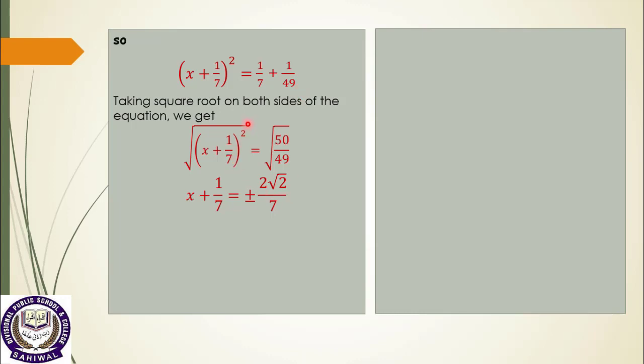Square and square root will cancel each other and we get x + 1/7 = ± 2√2/7. We get this term 2√2 by taking the square root of 50. This plus minus tells us that x + 1/7 has two values: either a positive 2√2/7 or a negative 2√2/7.